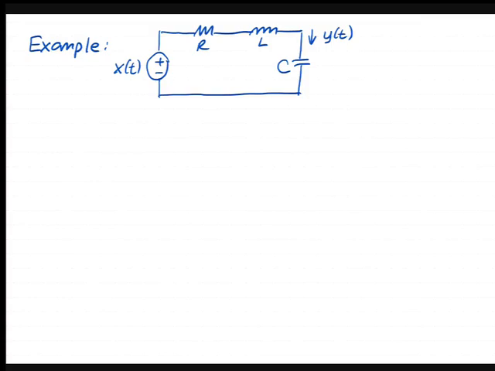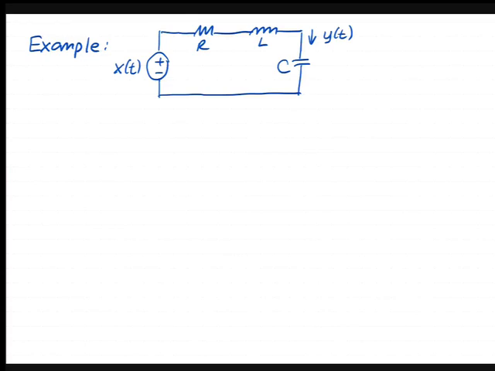So the nice thing about state space, and that's why you were introduced to state space with circuits in 16B, is because it makes all of those derivations of differential equations for circuits a lot more streamlined, okay? A lot more principled. You don't just get a second-order differential equation out of the blue.